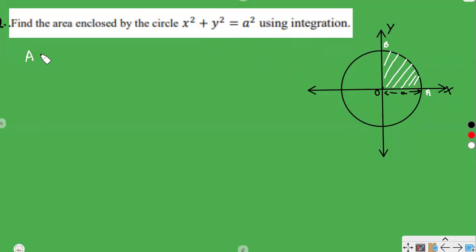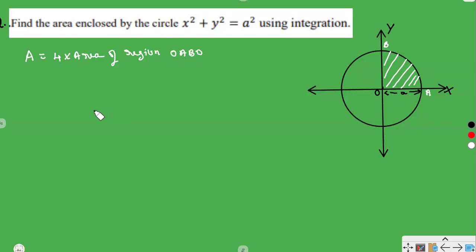First I'll find this part's area, and this same area will be the same for the other three parts. All four parts will have the same area. So the area of the entire circle is 4 times the area of this region, 4 times the area of the region which we have shaded.